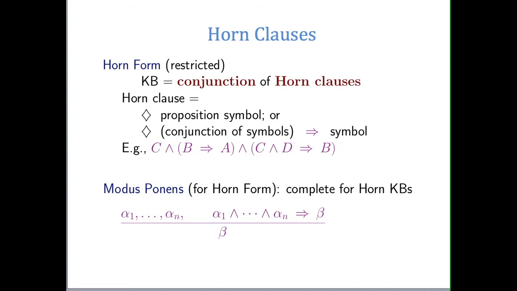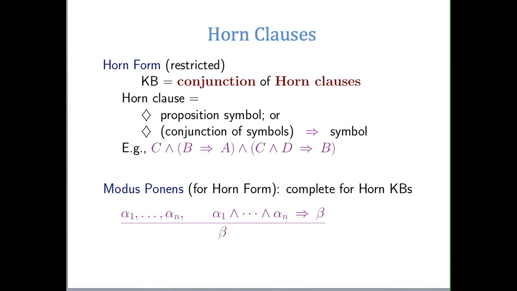So a knowledge base that uses Horn clauses is a conjunction of Horn clauses. What's a Horn clause? Well, it's either a proposition symbol, that is a fact that we know, or it's an implication where on the left-hand side there's a conjunction of symbols, in other words, A and B and C and so forth. And on the right-hand side, the thing that's being implied is a single symbol.